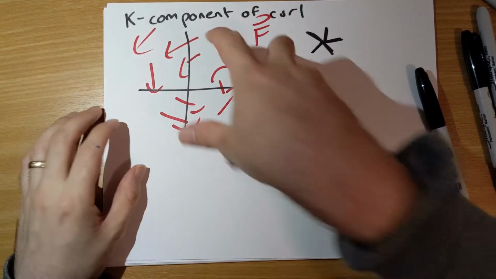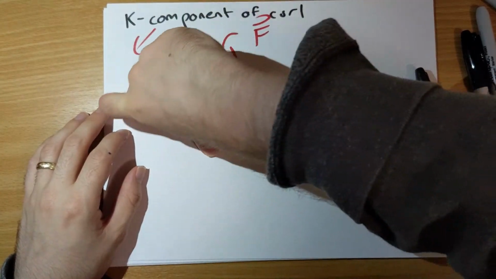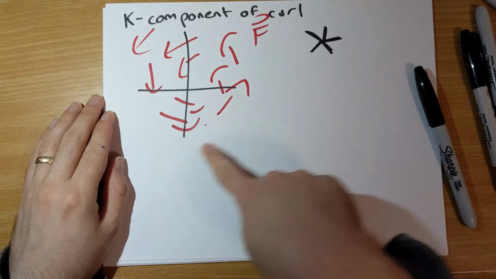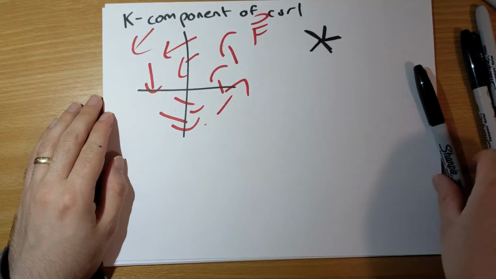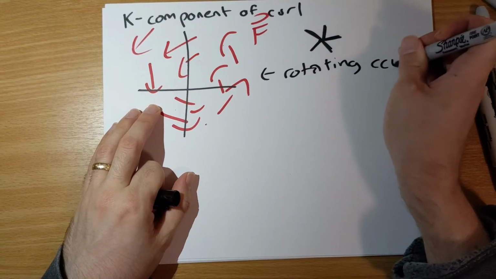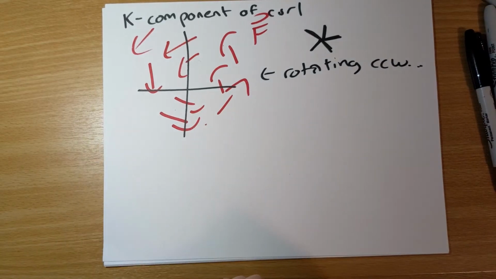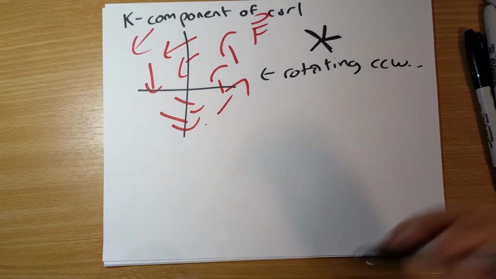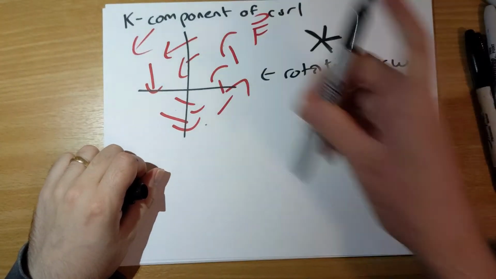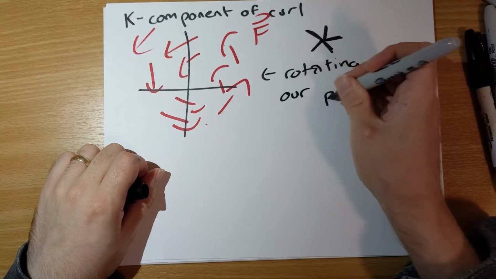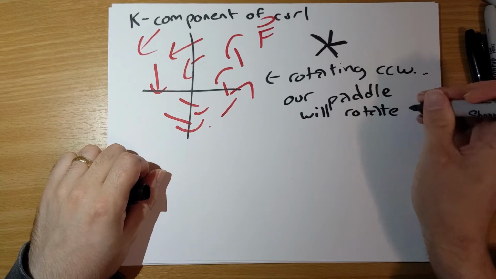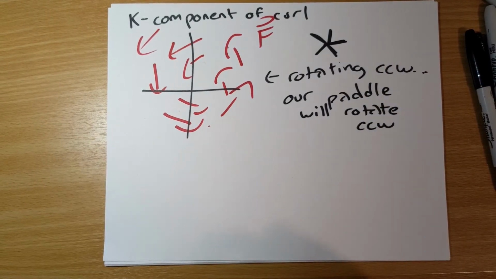The thing we should realize is that the water is, roughly speaking, rotating in a counterclockwise direction. So if we drop our little paddle wheel into the water like this, our paddle will rotate counterclockwise. CCW is counterclockwise.